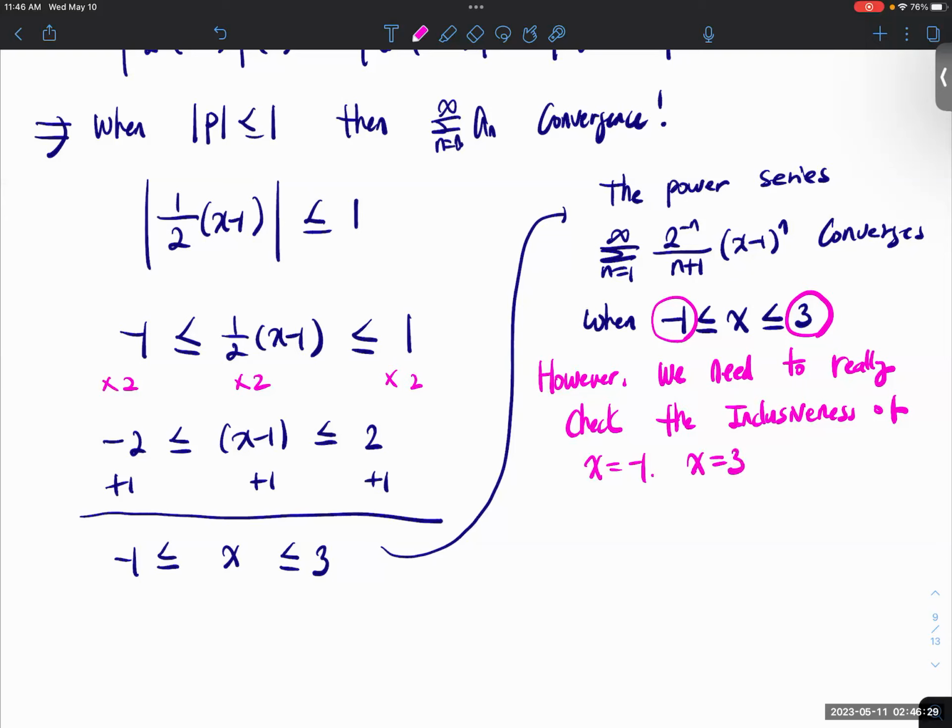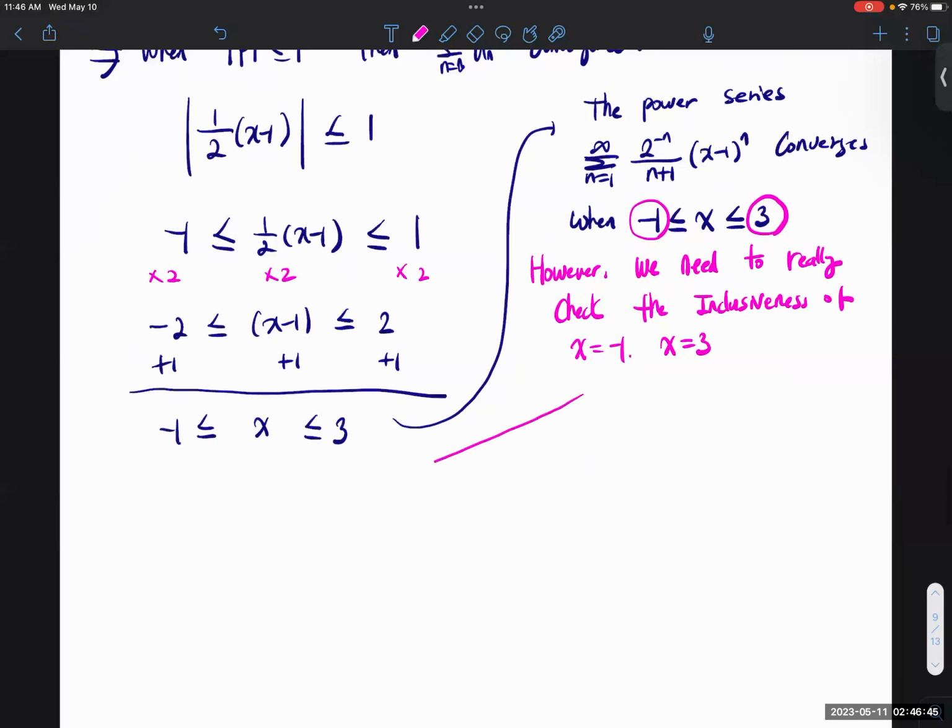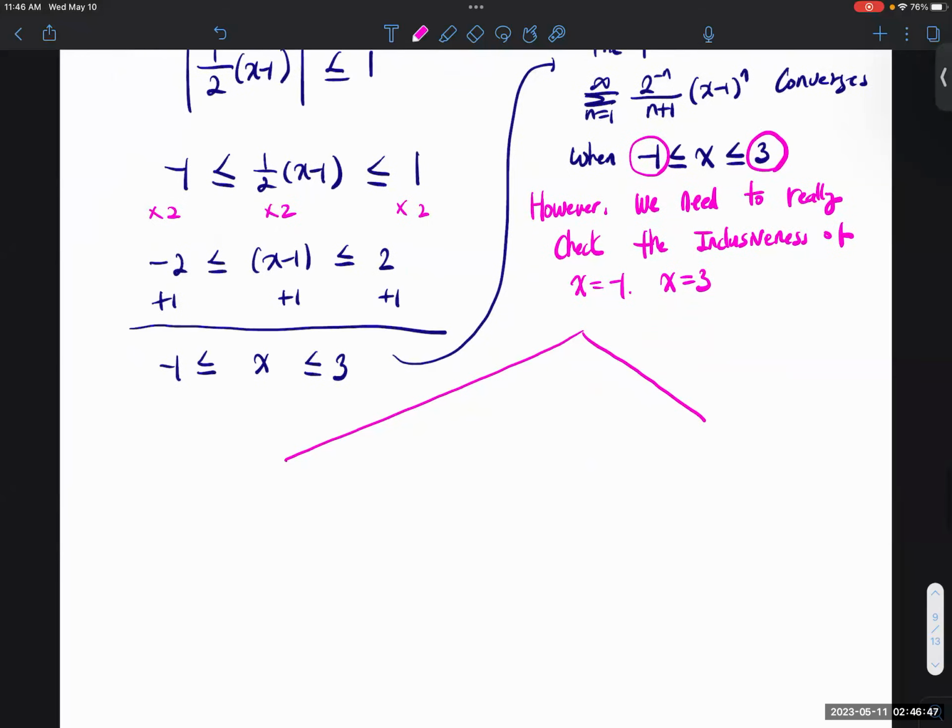We are 100% sure x can be negative 0.9, 0.9, 1.1111, 2.2222, up to 3. But what I'm saying is we need to check. Here we have two scenarios: check x equal to negative 1, and x equal to 3.